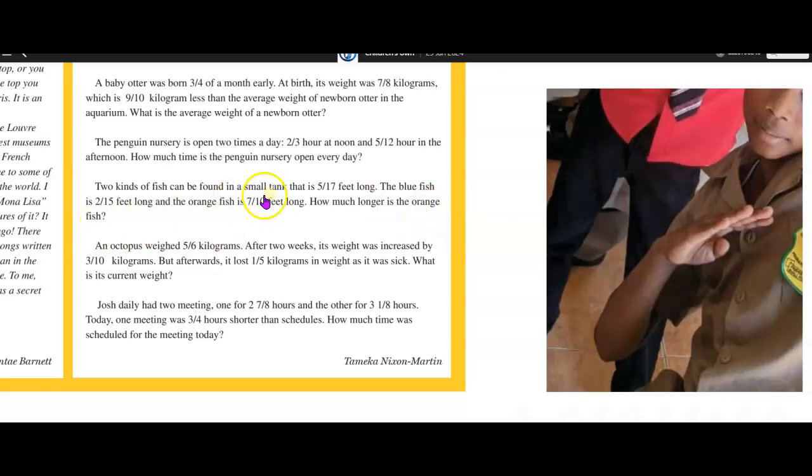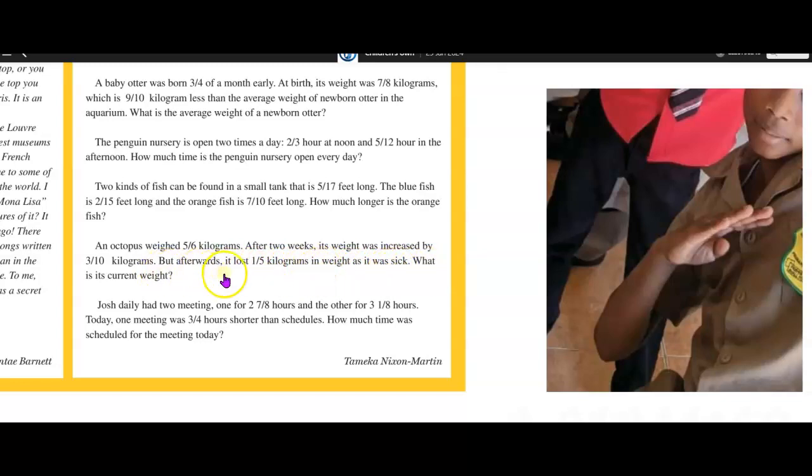Going to have to find some common denominator type thing here. An octopus weighs 5/6 of a gram. After 2 weeks, its weight was increased by 3/10 of a kilogram. But afterwards, it lost 1/5 of a kilogram in weight as it was sick.